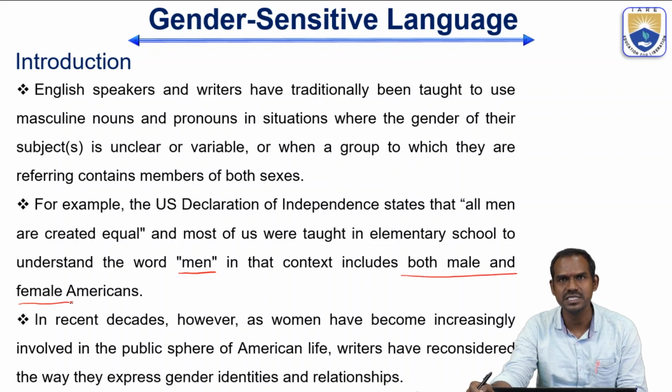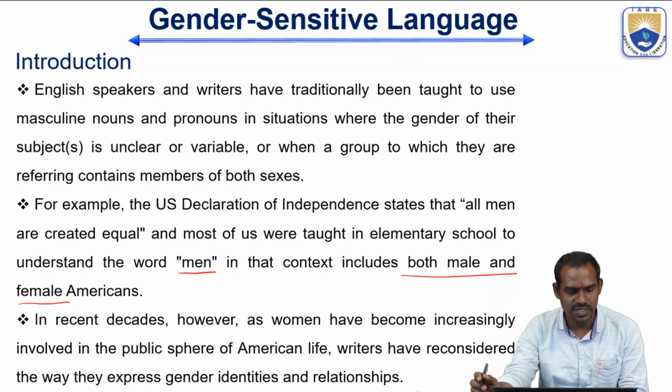So can anyone guess? In the olden days, people used to follow that way, men for both sexes. But it is not correct according to the recent era.